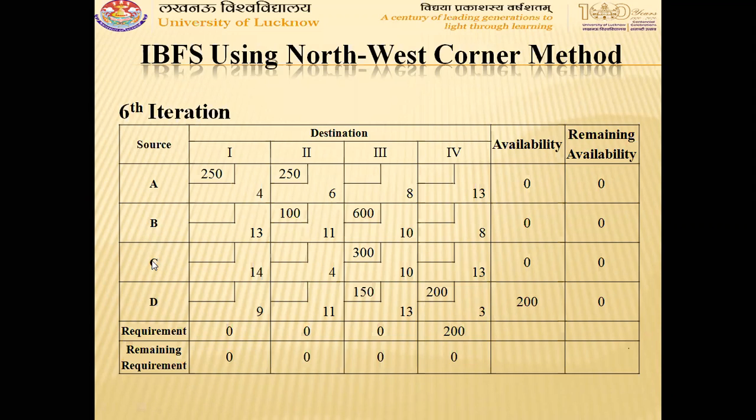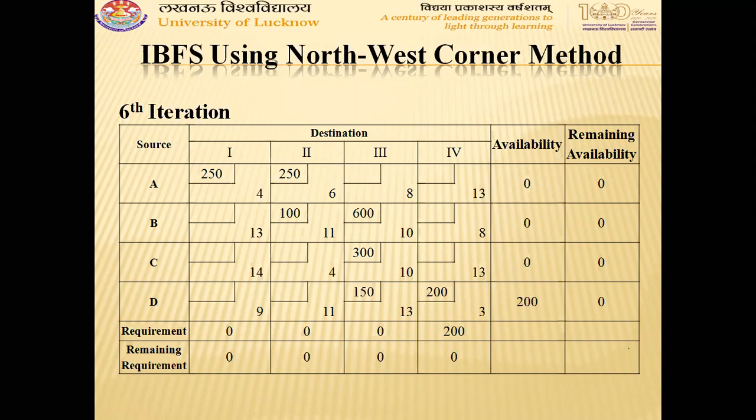So m plus n is 8 and m plus n minus 1 is 7. Now we count the allocations: first, second, third, fourth, 5, 6, 7. We have made 7 allocations, so the second theorem is also verified with the help of this example: the number of basic cells, or allocated cells, is m plus n minus 1, which is 7.